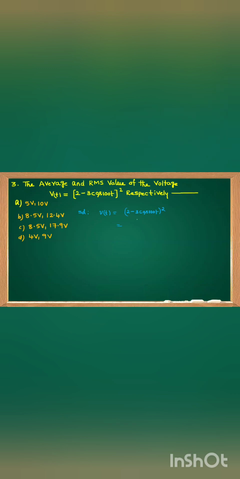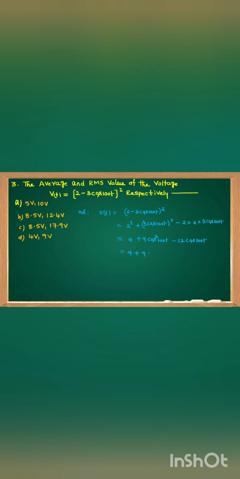First we simplify this. (a − b)² is a² + b² − 2ab. So 2² plus (3 cos 100t)² minus 2ab, which gives 4 + 9 cos²(100t) − 12 cos 100t. But the square term, you convert into normal form.